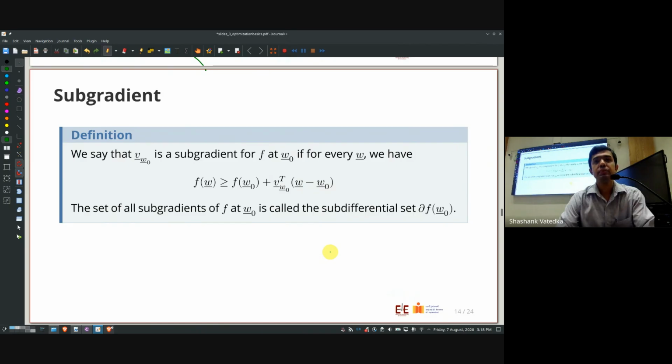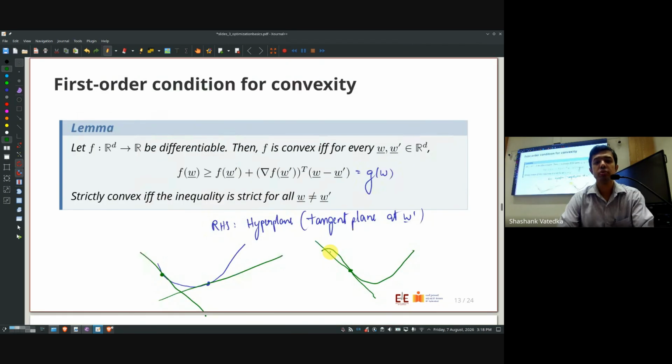Now, what happens if the function is not differentiable? So this first order condition for convexity assumed that the function was differentiable. But as we'll go along in this course, we'll see that a lot of the functions that we're actually interested in, including some of the nice loss functions or activation functions that we want to look at, are non-differentiable.